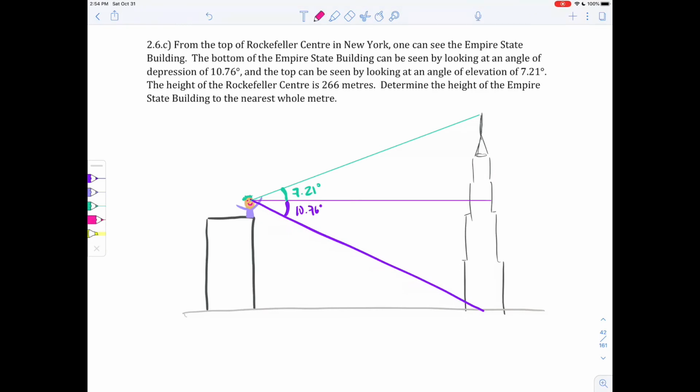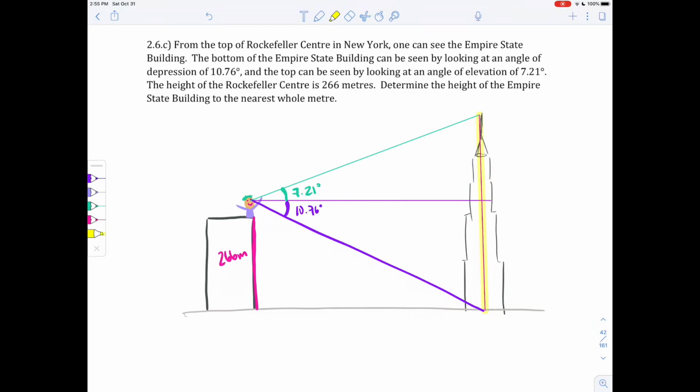Now, the height of the Rockefeller Center, is this one, is 266 meters. All right. Determine the height of the Empire State Building to the nearest whole meter. So we want to figure out this, to the nearest whole meter.